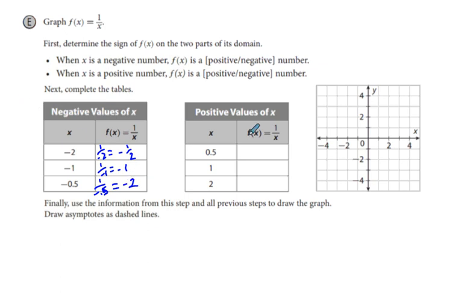And so what that looks like over here is if we go to negative 2, we get an output of negative 1/2. We get an input of negative 1, we get an output of negative 1. If we have an input of negative 0.5, we get an output of negative 2. So what we're going to do is go like this.